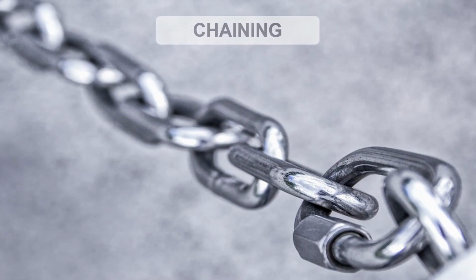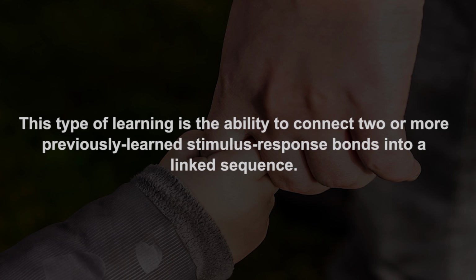The next hierarchy of learning is chaining. This type of learning is the ability to connect two or more previously learned stimulus response bonds into a linked sequence. So we can see that there is a stimulus response linkage between them.